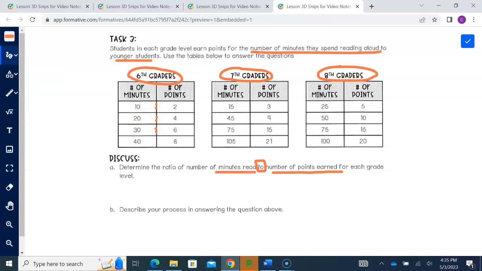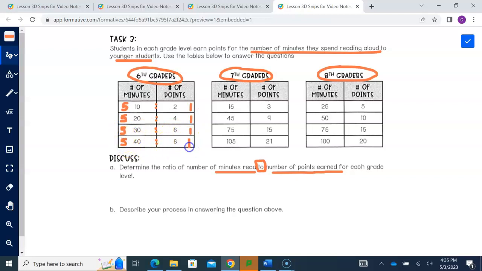Now, when we look at these ratios, they are not in lowest terms. This one in lowest terms, 10 to 2, would simplify as 5 to 1. 20 to 4 is also 5 to 1. 30 to 6 is 5 to 1. 40 to 8 is 5 to 1.